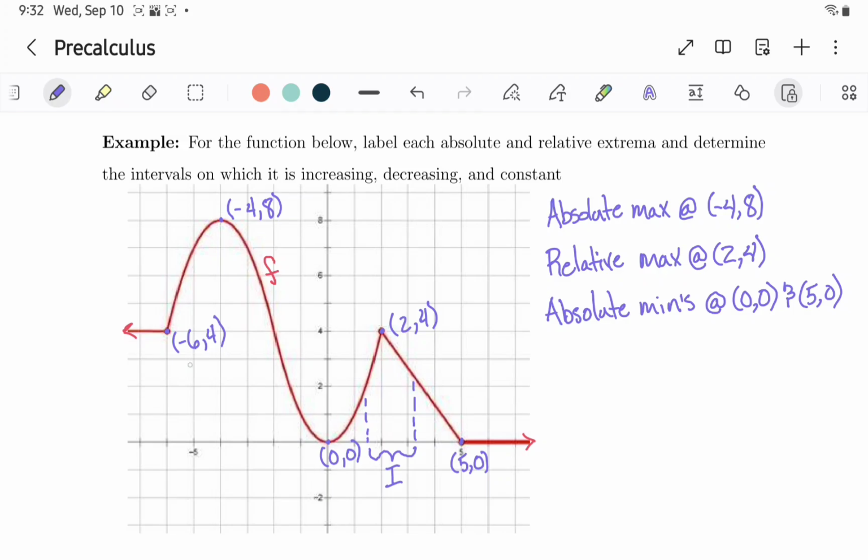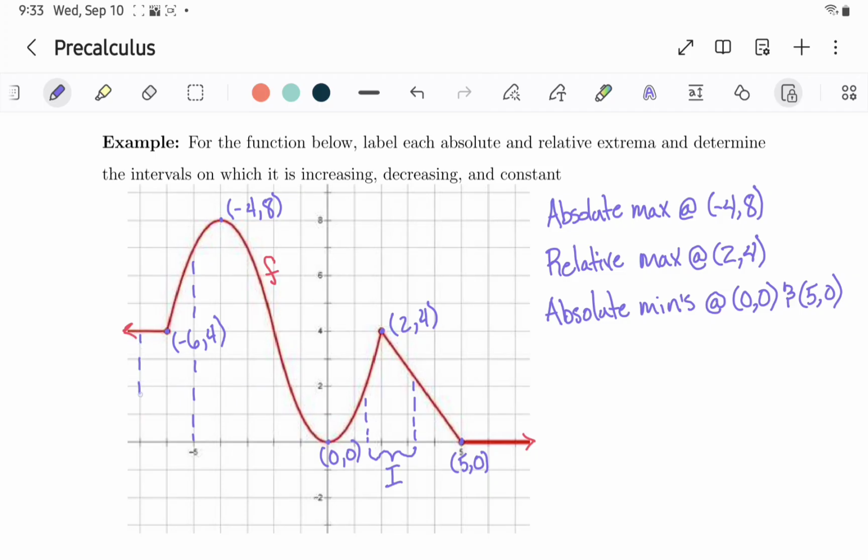All right, and then finally, let's talk about the point -6, 4. Looking at this point, it is going to be a relative min, and again, we can imagine an interval in the domain of f that contains x equals -6. On that interval, f of -6 is less than or equal to f of x for all x in that interval. So again, we could imagine what that interval might be, projected down onto our x-axis here.